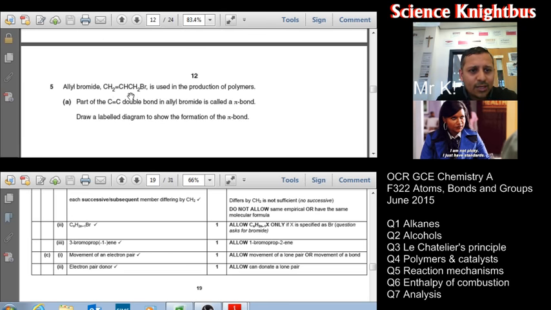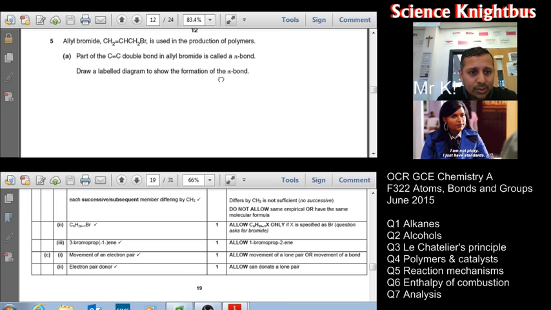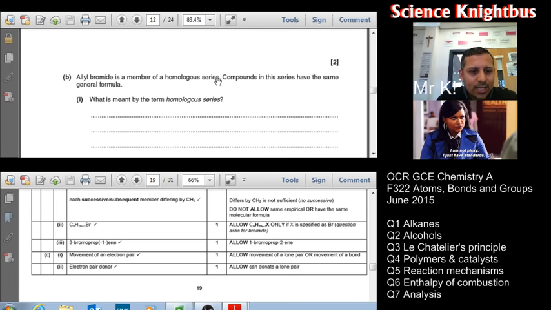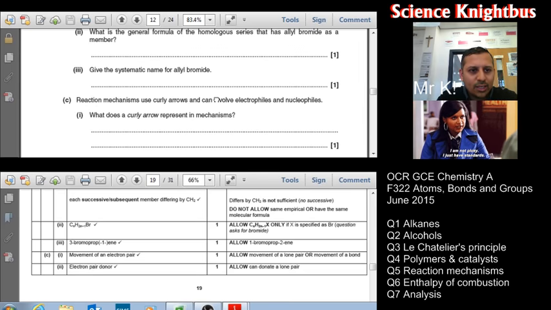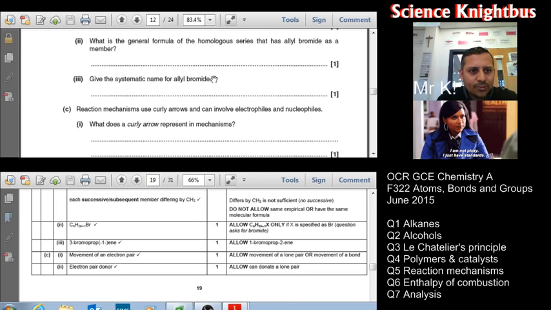If you had another additional one, you would have an extra CH2, and that works out. CnH2n-1Br would be the next one up.